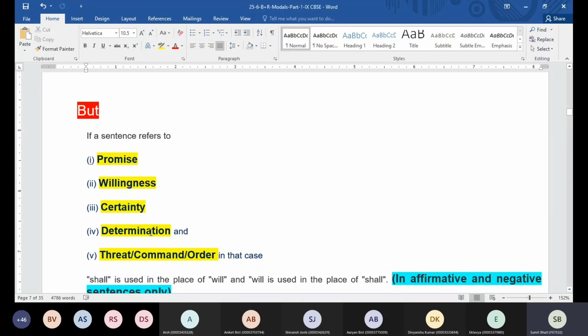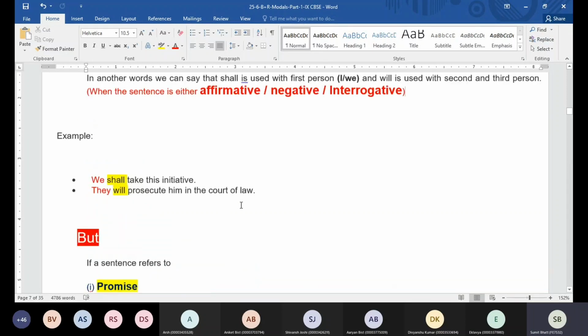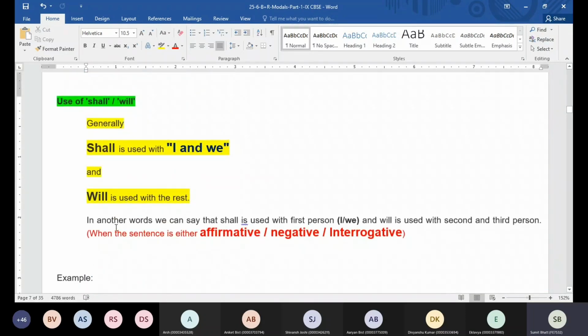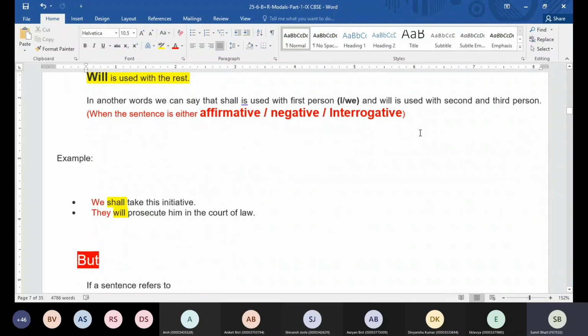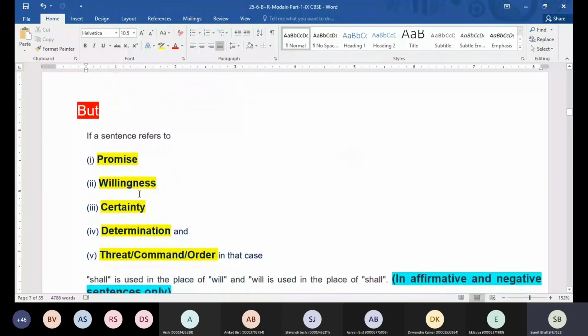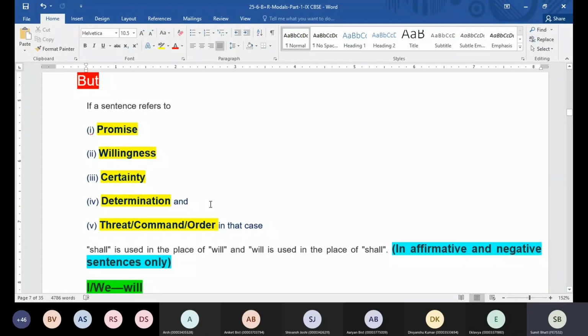That means different subjects will take different words. So, general statement: shall is for I and we, will is for other subjects, in affirmative, negative, and interrogative sentences. And for promise, willingness, certainty, determination, threat, command, or order, this rule is applicable only if the sentence is affirmative or negative.